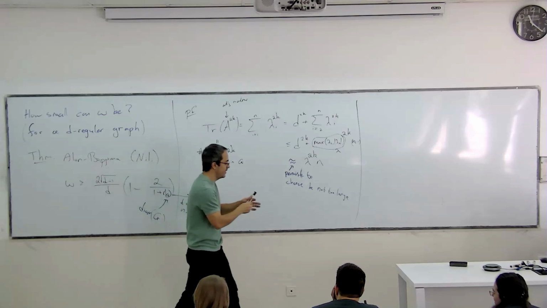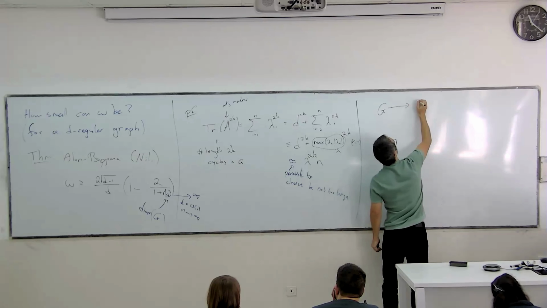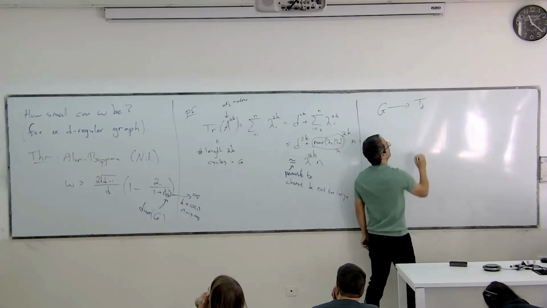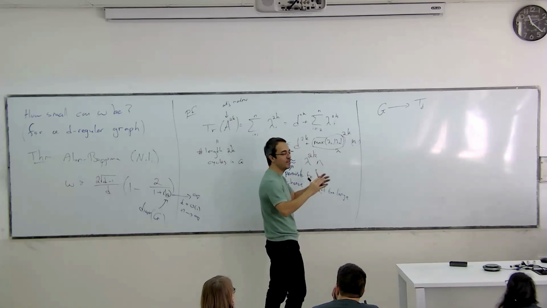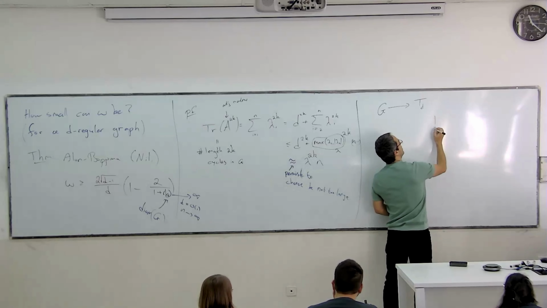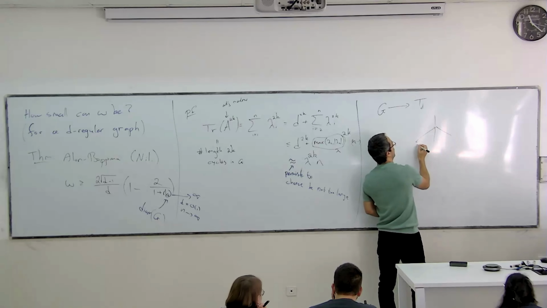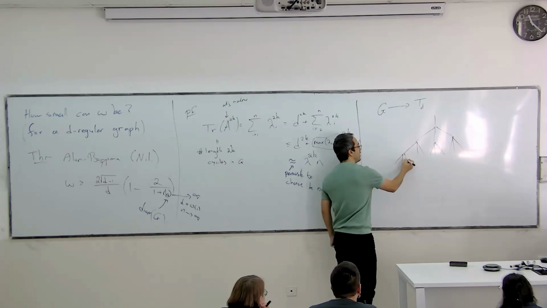To be formal, essentially what you're doing, instead of looking at G, you're looking at the d-regular tree. Not the infinite one, just some fancy version, but you take a d-regular tree. So say maybe d equals 4, it looks like that. In such a graph, you have no cycles.